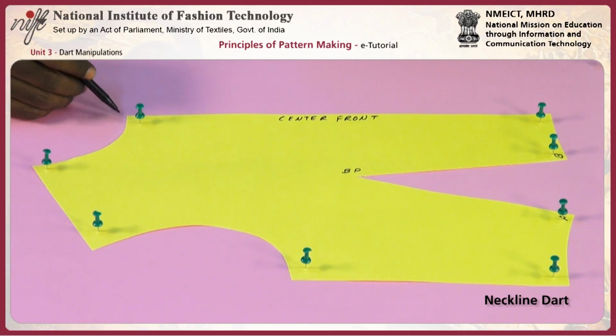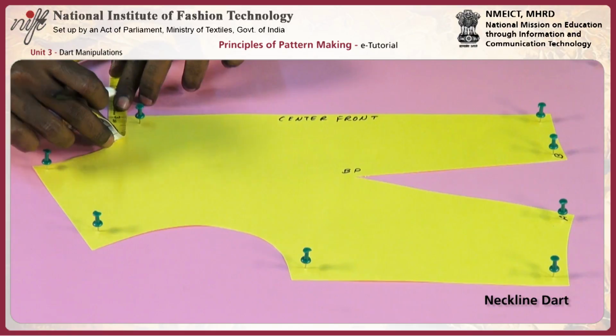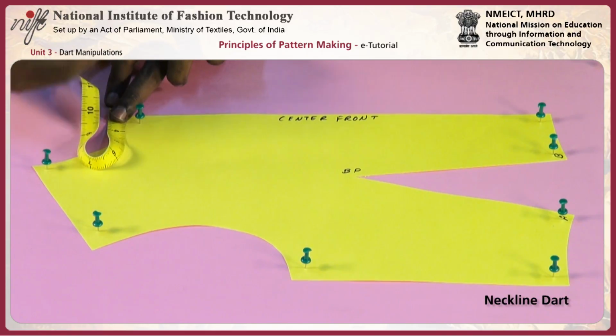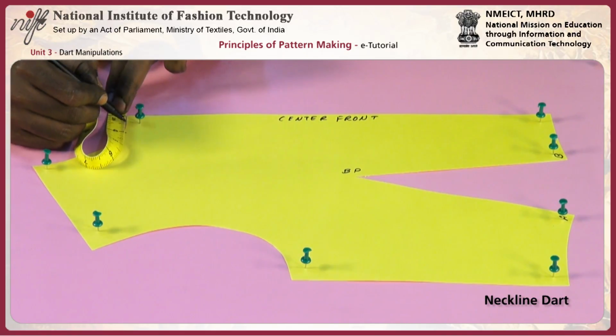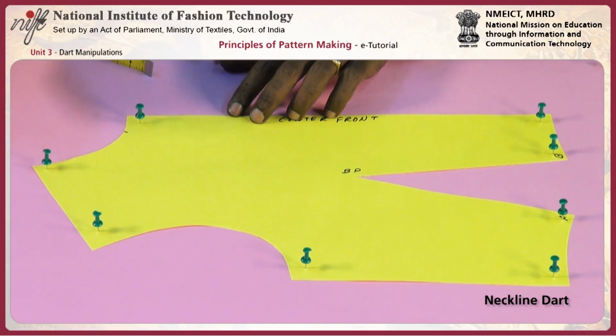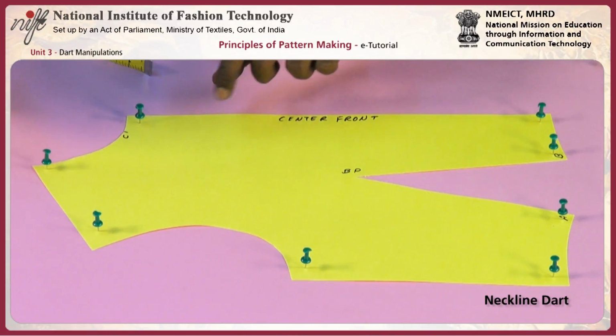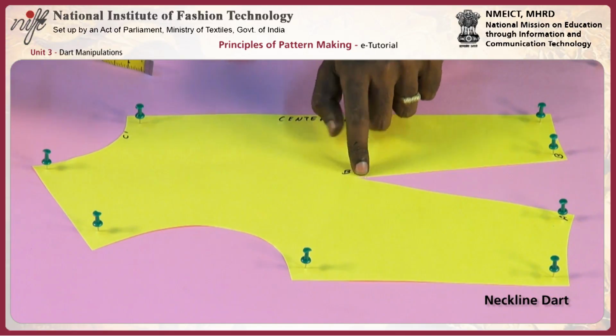Here you can mark anywhere. I am marking 1 inch from the center front neckline. Then mark C. Now draw a straight line from C to bust point.